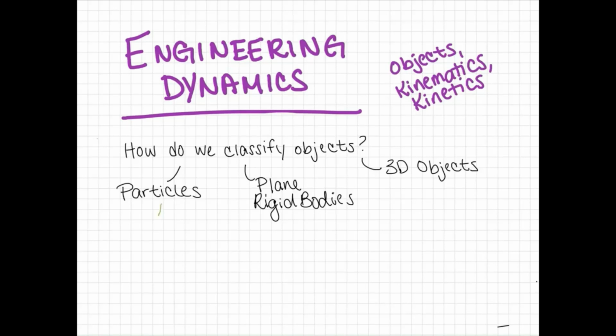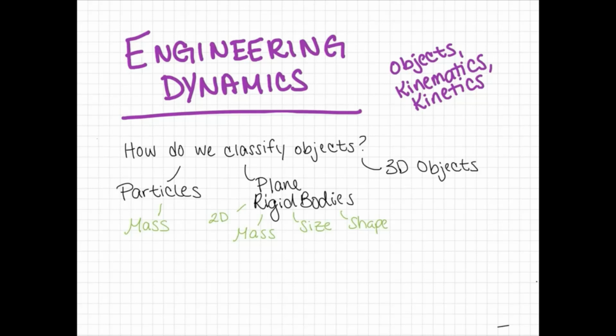So particles are the simplest way that you can look at an object in a problem, because the only thing you're going to take into account is the mass. Plane rigid bodies are a little bit more complicated. You have mass, size, and shape, and they're considered a 2D object.